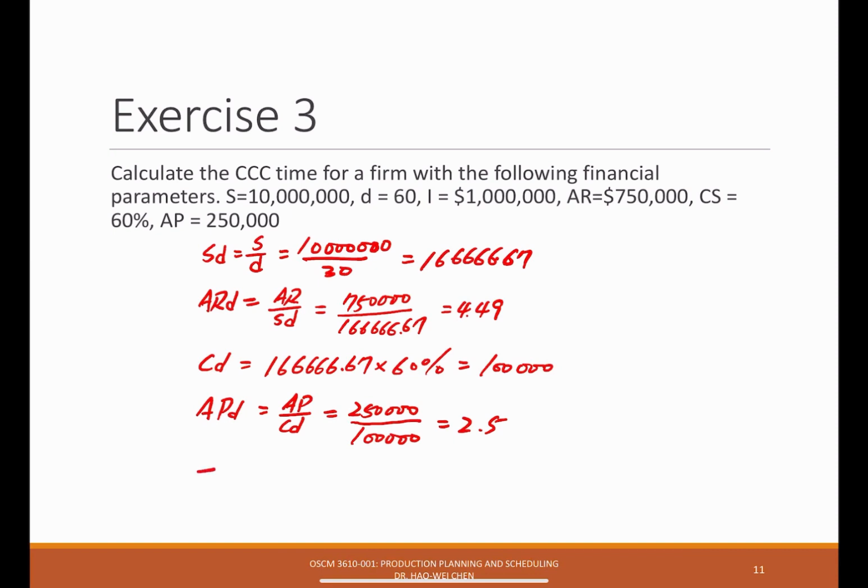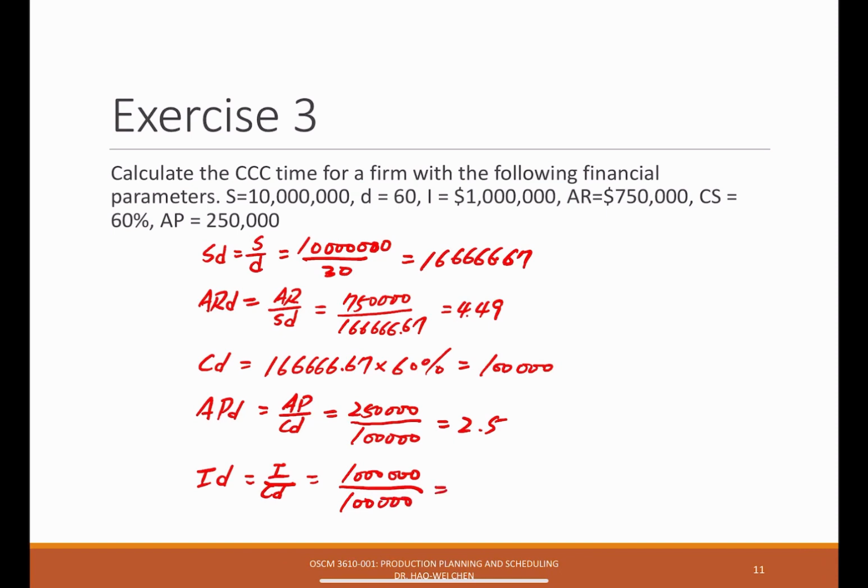Okay, and the days of inventory, ID, will be equal to your inventory divided by CD. And inventory will be 1 million divided by CD, which is 100,000.